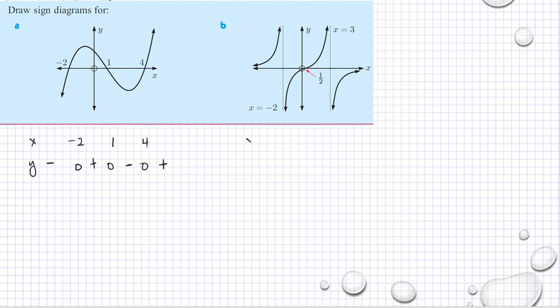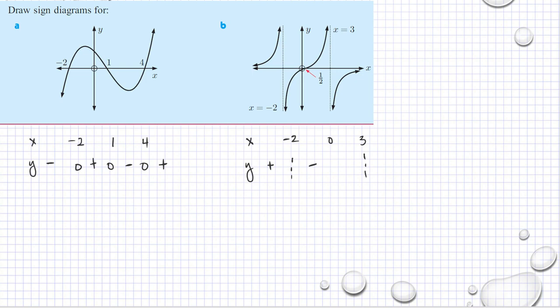Here, we have x and y. Then we have -2, and then we have 1/2, and then we have 3. There is an asymptote here also. As you can see, less than -2 is positive. From -2 to 1/2 is negative.